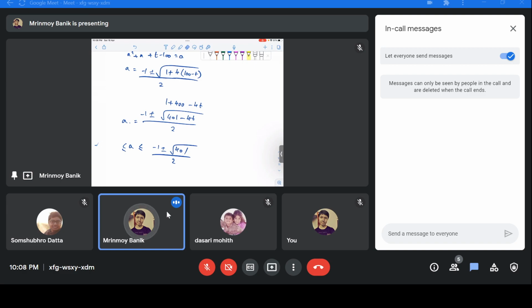So a is obviously less than minus 1 plus root 401 by 2. What is the range of a? Can it be zero? It can't be zero. One of the roots is near about minus 10, so definitely a can't be zero or any negative.